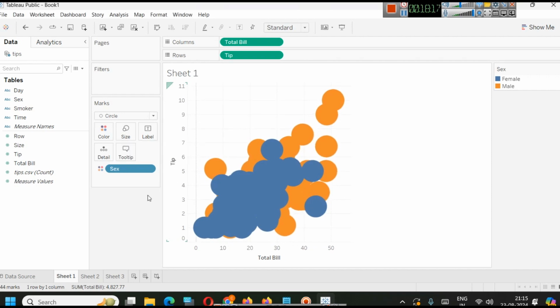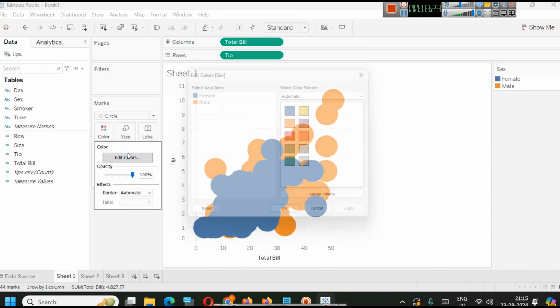Like what is happening, and you can go to color and edit color. You can use any color you want.